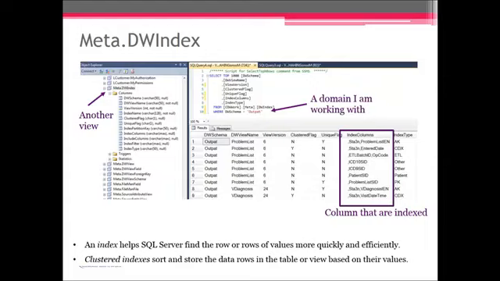Sometimes these indices are clustered, which means that they will then go an extra step of sorting and storing those data rows in a table or a view based on their values, which should make that process even faster if it's clustered.